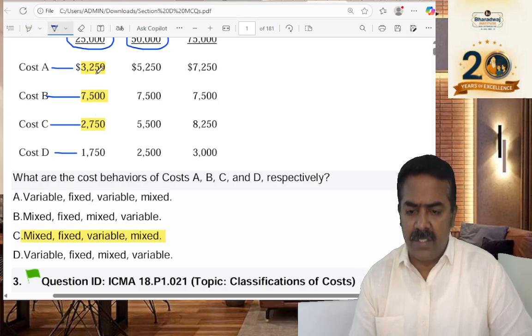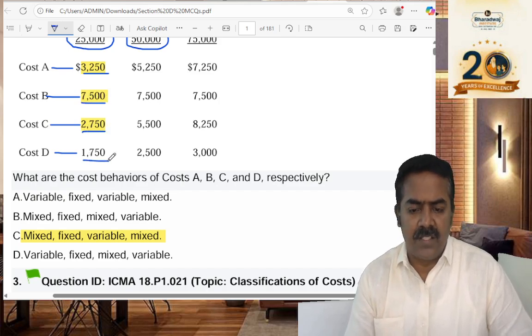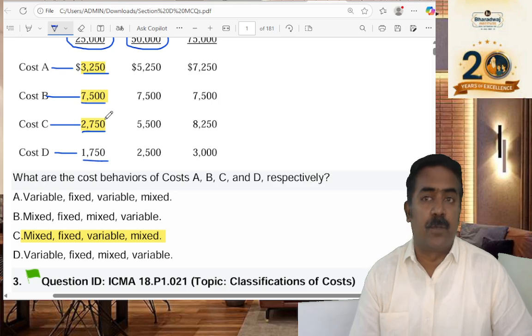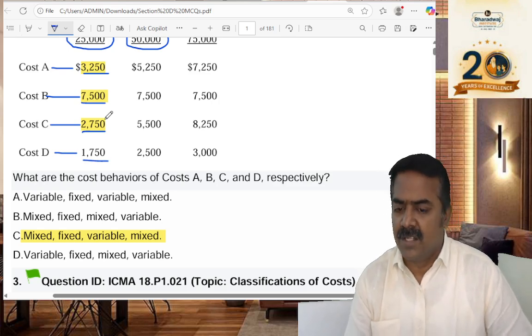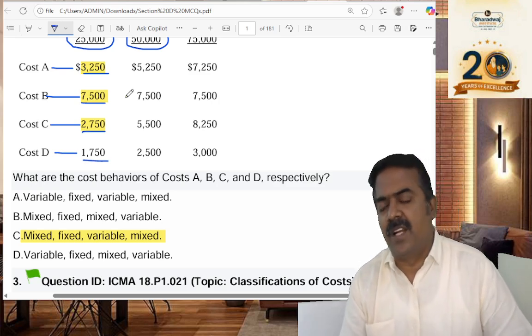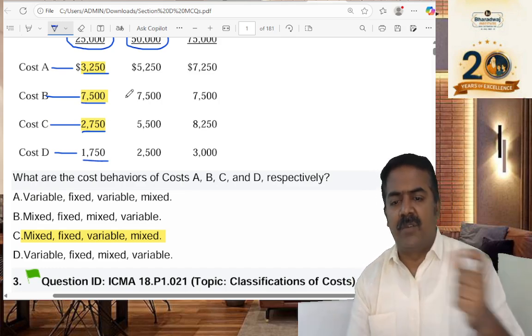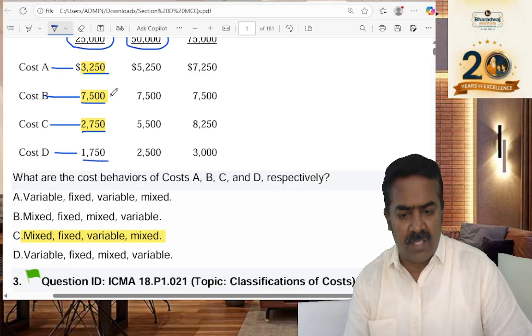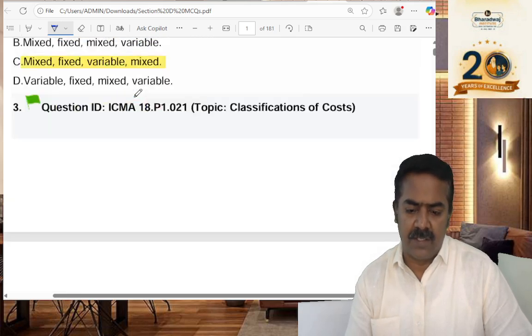A is a mixed cost. B is a fixed cost. C is a variable cost. And of course, D is a mixed cost. Simple. Whatever proportionately changes becomes which one? Variable cost. Whatever changes but not proportionately is called what? Mixed. It will have a variable and fixed portion. Whatever remains constant, of course, is a fixed cost.